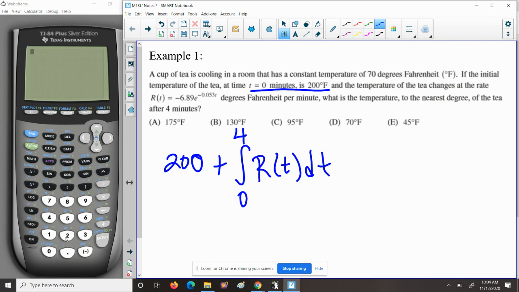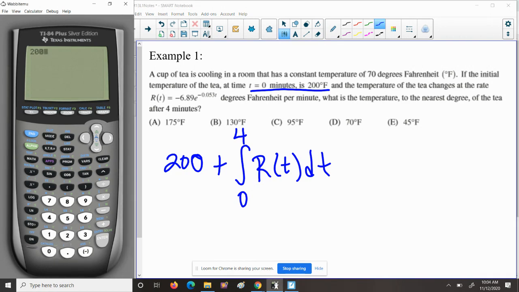Depending on which calculator you have, you can use your 84 for this. You can use your TI 89. Let's go to math, and number 9 is our integral. This one may look a little bit different to yours. You may have the pretty print, so just bear with me.